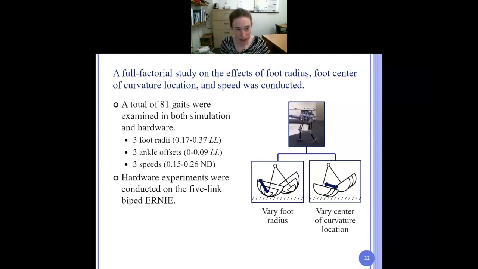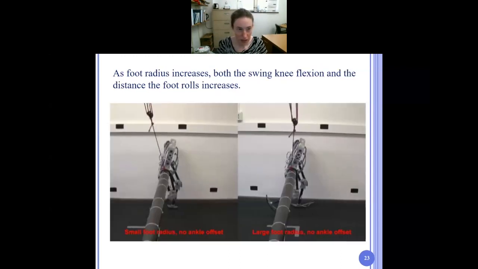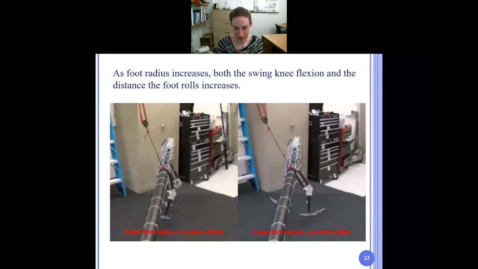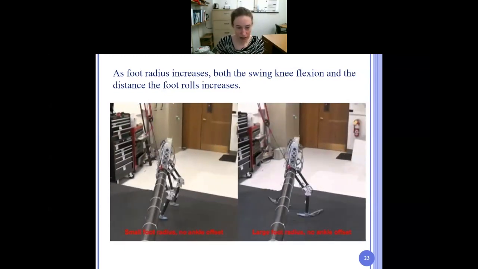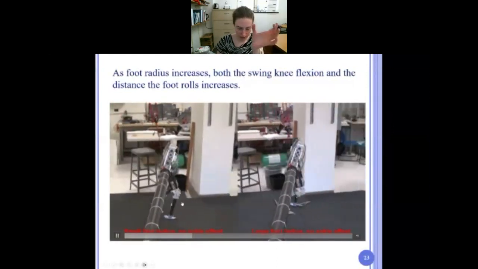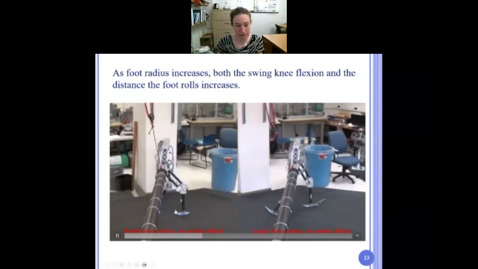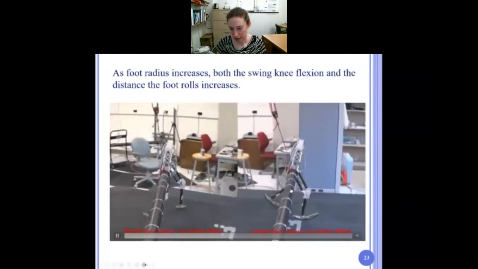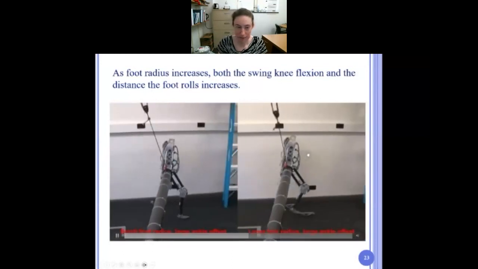So I performed a full factorial study, and I did experiments both in simulation as well as in hardware, again using the biped Ernie. So this video shows some of the results. It's comparing basically no ankle offset, so the center of curvature is located right underneath the shank, and that is shown on the left, and then the right video shows a large ankle offset.